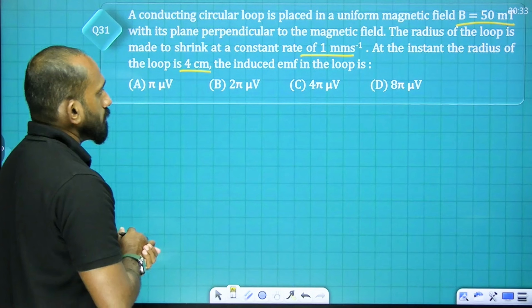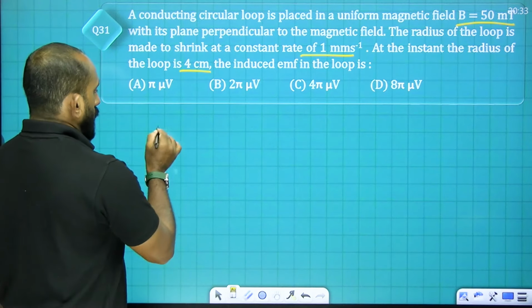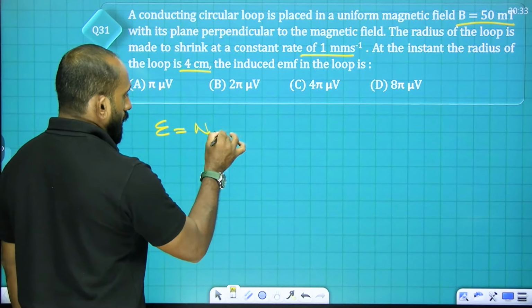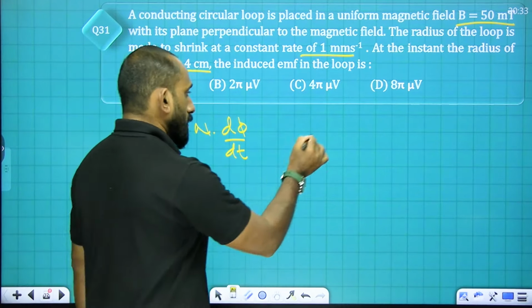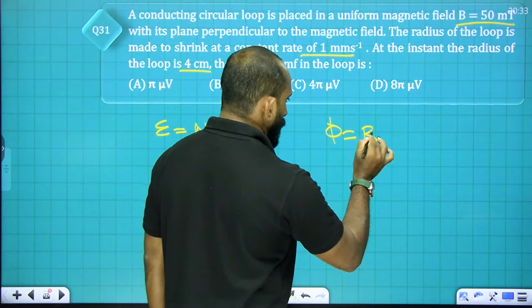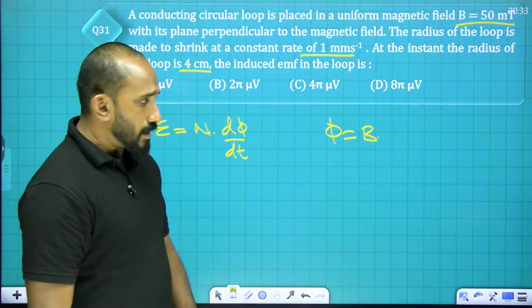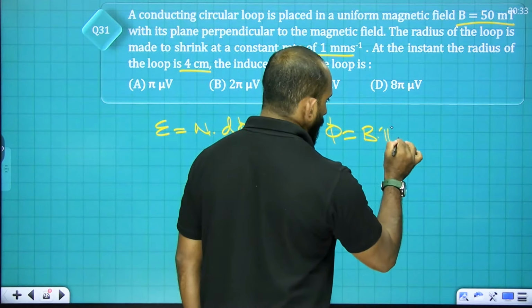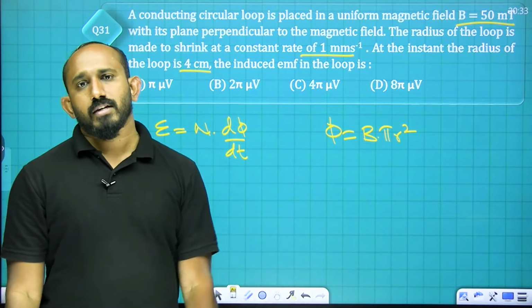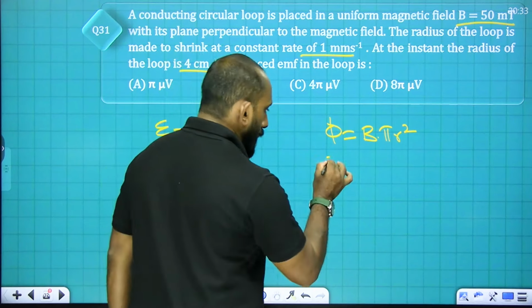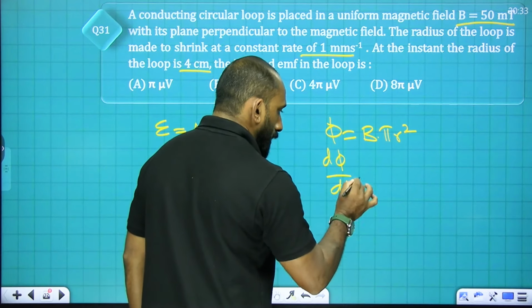So EMF E is equal to N dφ/dt only, and φ is equal to B into area, since it is kept perpendicular, so B times πr². Radius is changing, so you have to find dφ/dt like this.